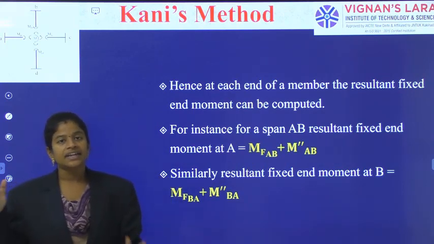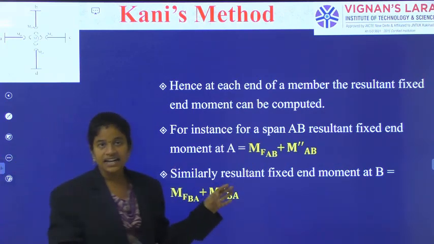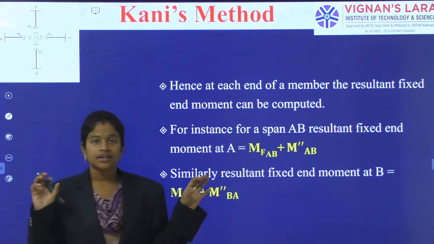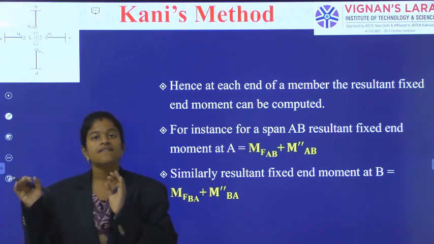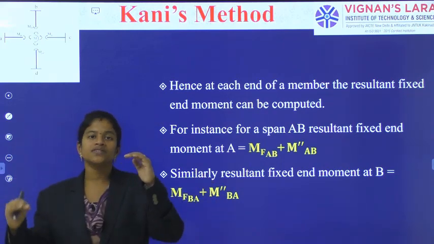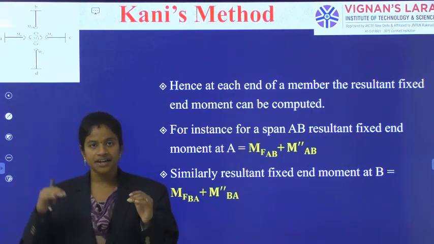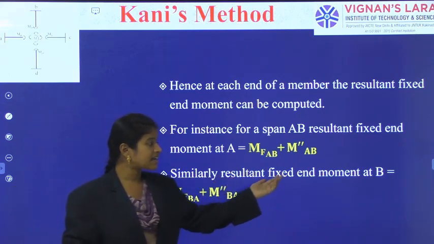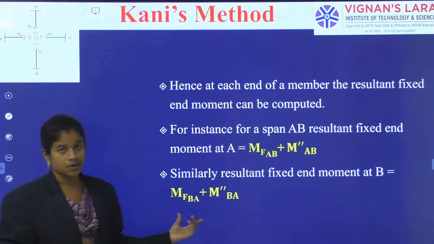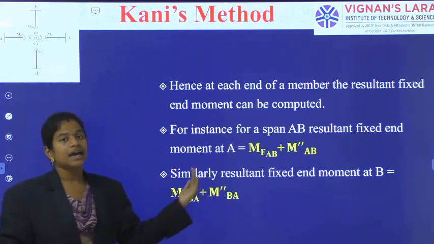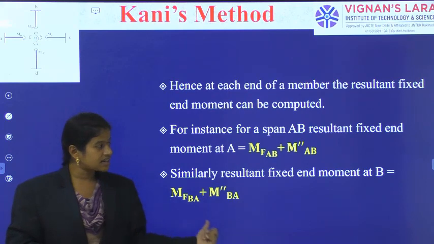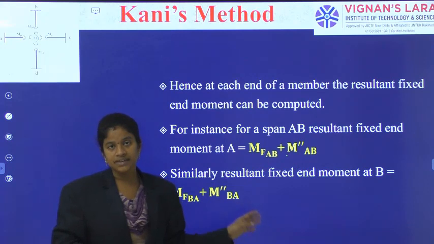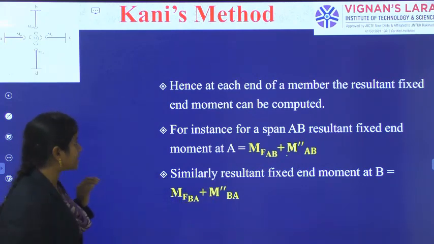So, without waiting for the rotation contributions, in the starting, when I am calculating the fixed end moments, at that time itself, I am adding the displacement contribution, that is the fixed end moment generated due to sinking. That quantity I am adding here itself. Okay. Similarly, the resultant fixed end moment at the end B is equal to MFBA plus M double dash BA. So, overall resultant fixed end moment at B towards A, and at A towards B. So, here itself you can add these two things and you can go for the rotation contribution calculation.